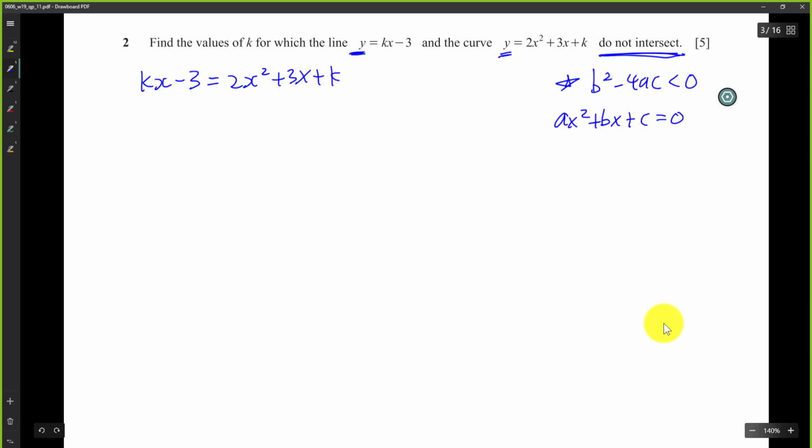Alright, you can see when I sub the y into the y here, my whole equation right now does not have y. I just need to rearrange them, make them into this pattern, then I can start to take out my a, b, and c. So this is 2x squared plus 3x minus kx plus k plus 3.